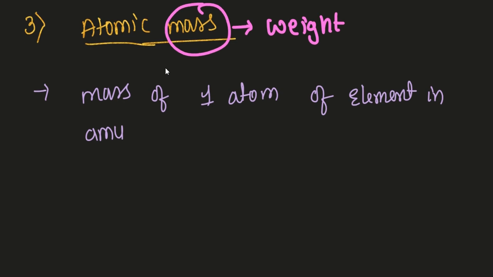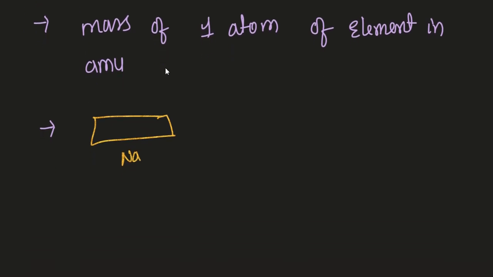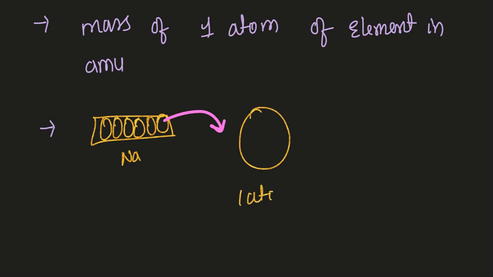That is our atomic mass. Let us take a small example here. Suppose I am taking sodium. I took a sample of sodium. The sample of sodium is made up of a lot of small atoms. From this I'm going to take out one atom. So can I call it one atom of sodium?